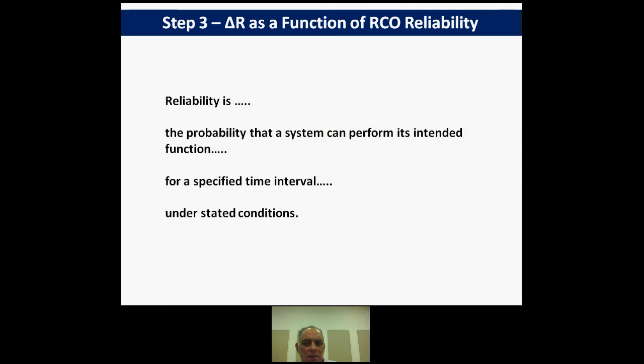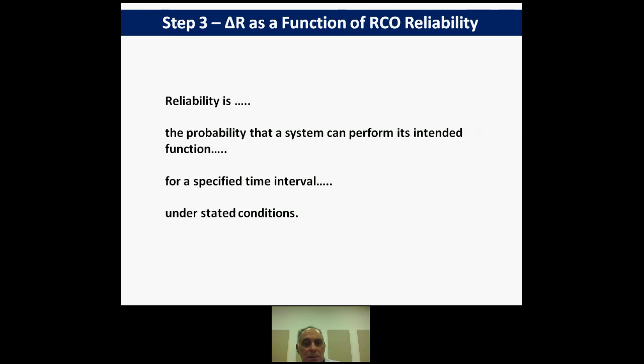We can talk in terms of system reliability, which of course will comprise individual reliabilities of various components of the system, whether that is the presence of an operator, or we're talking human reliability.